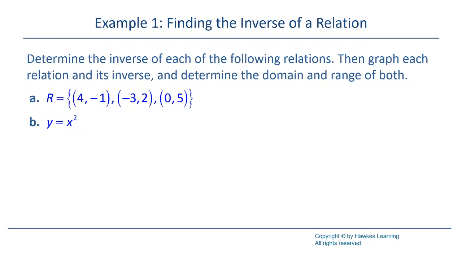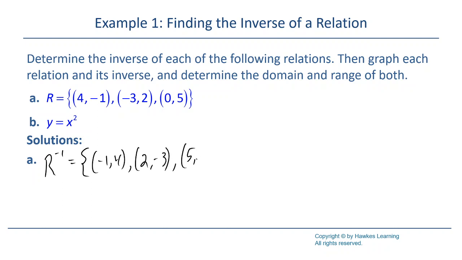So let's start with the first relation, A. We need to determine the inverse of each of the following. Like I said, it's really easy if you just have ordered pairs. To find the inverse relation, all you do is swap the order: (-1, 4), (2, -3), (5, 0).